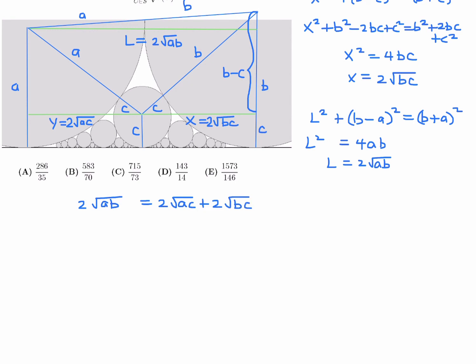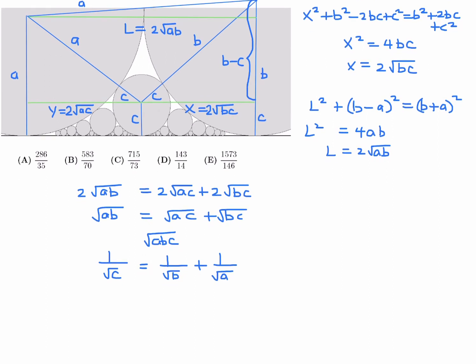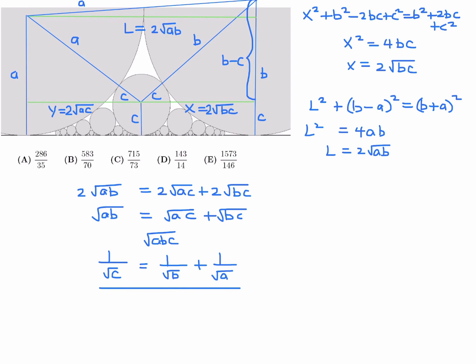Divide through by 2's, and that just gives me root AB is root AC plus root BC. Now divide everything by the root of ABC. And when you do that, something great happens. You get the root of C is equal to the root of B plus the root of A. All reciprocals. And this is what's going to help us tremendously to calculate everything that we need to calculate in this question. This formula right here.